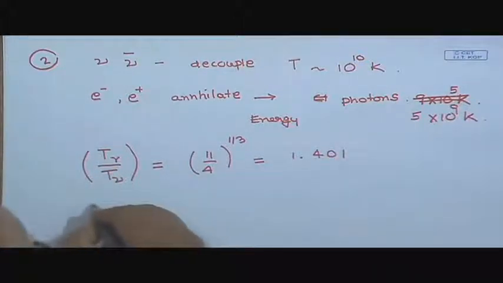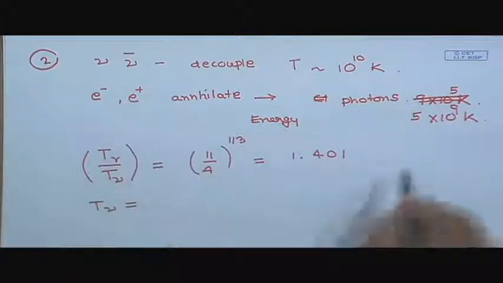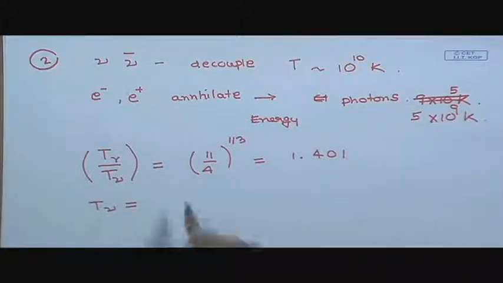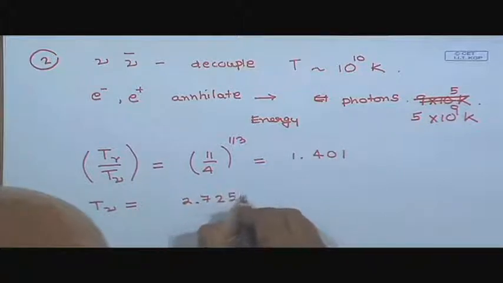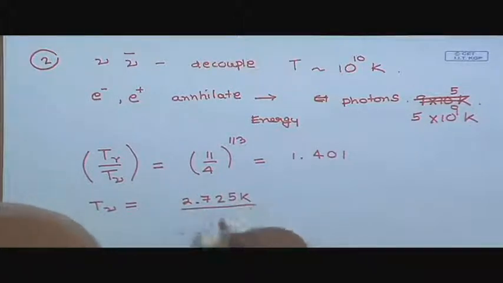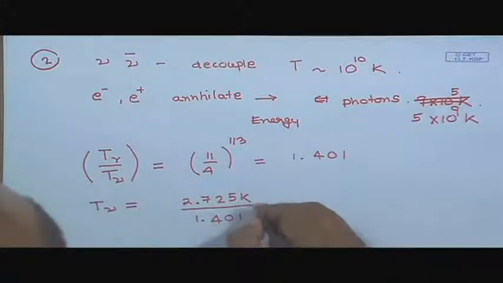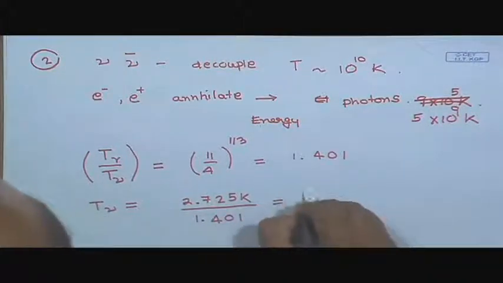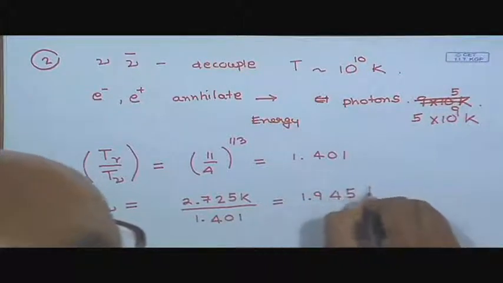So, the neutrino temperature after 5 x 10^9 Kelvin is less than the photon temperature, and the neutrino temperature at present is 2.725 Kelvin divided by 1.401, which turns out to be 1.945 Kelvin.